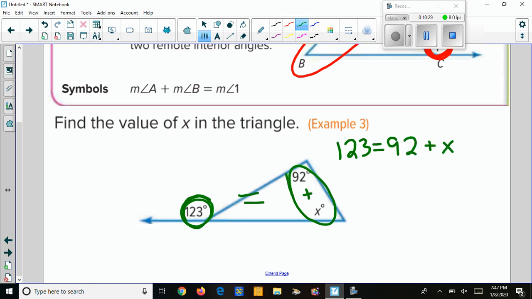And all you have to do is solve this one step. I'll subtract 92 on both sides to find that x equals 31.